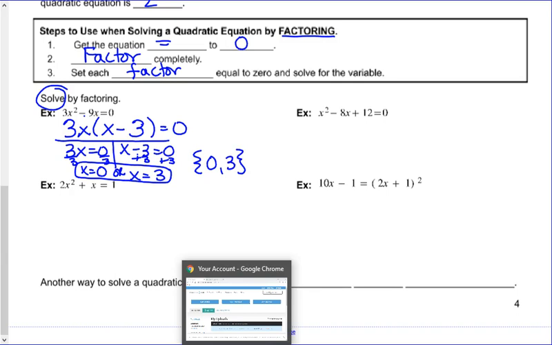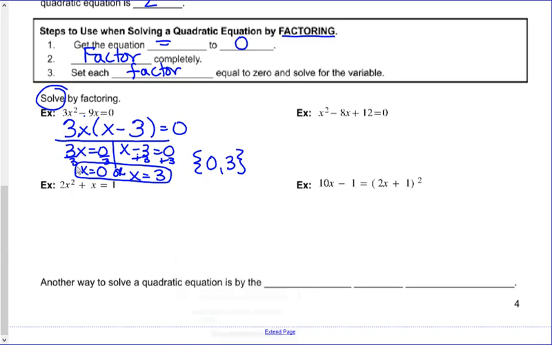Okay? So, hopefully you'll get away from doing this because a lot of times this is a lot more work. So if you can ask yourself what number times 3 is 0, you get 0. What number minus 3 gives me 0? It is 3. And so hopefully eventually you can get away from solving those equations. But if you need to do that, by all means, go ahead and do so.